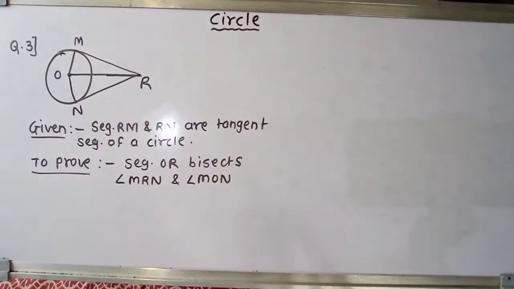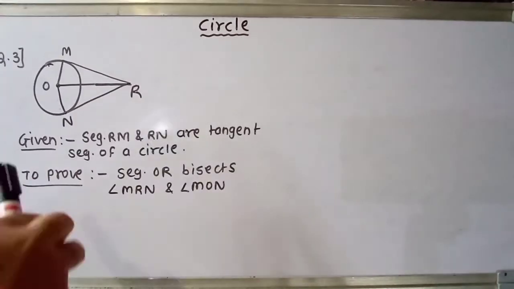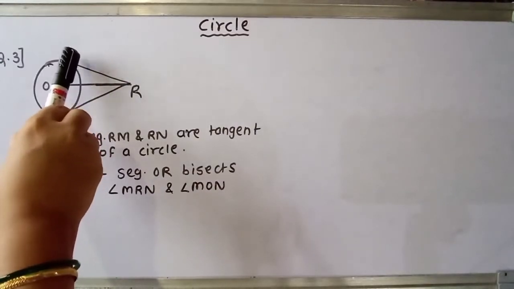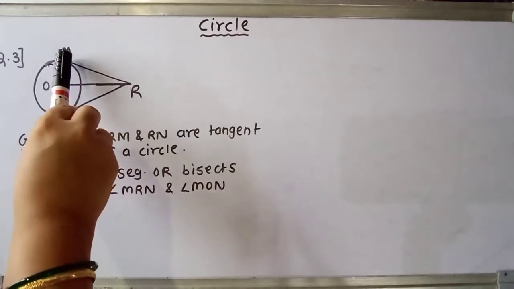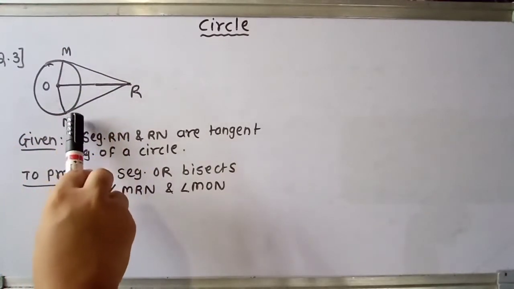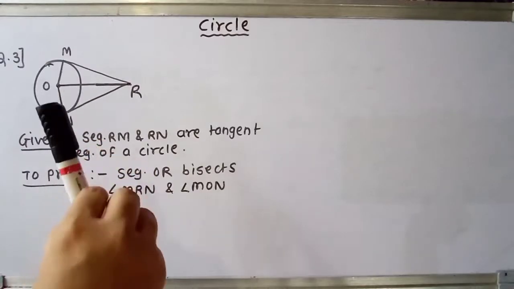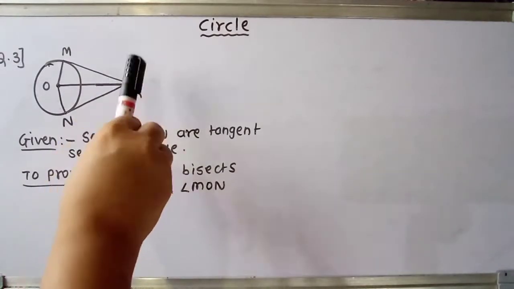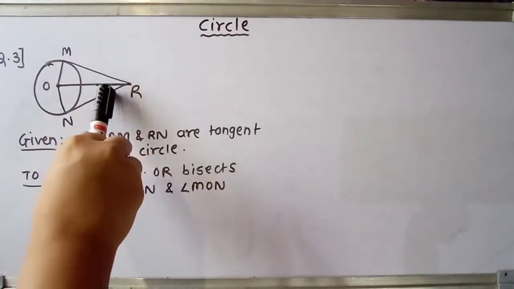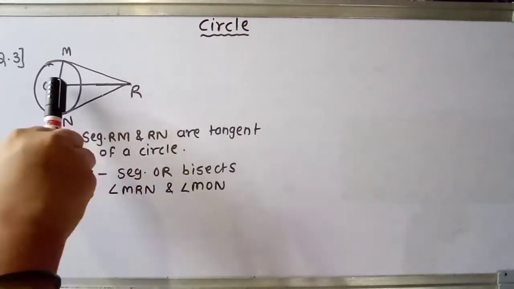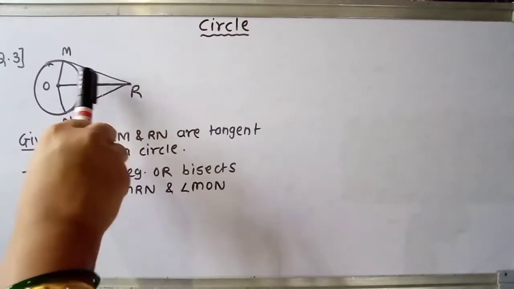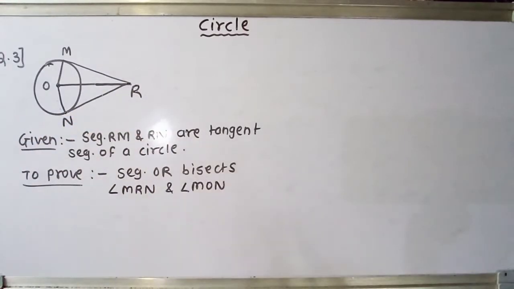That means we have to prove angle MRO equals angle NRO and angle MOR equals angle NOR. So we have to show these angles are congruent to each other, so that we can say OR bisects the whole angles. Is this clear to you?